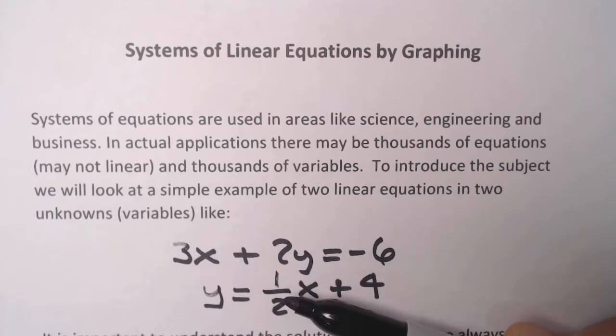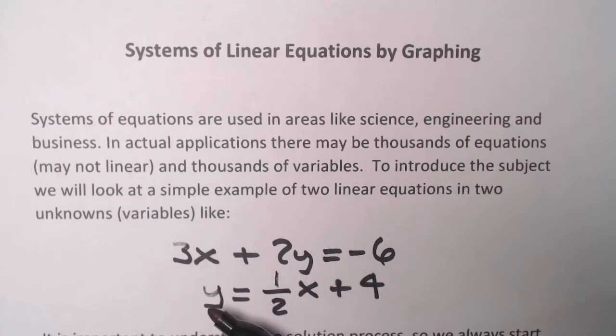Here we've got both an x and a y, for instance. So here's what we're going to do. By the way, the form that these can be in varies. This first one up here is what we call standard form again. The x and y on the left, plain number on the right. This second one here is in slope-intercept form.